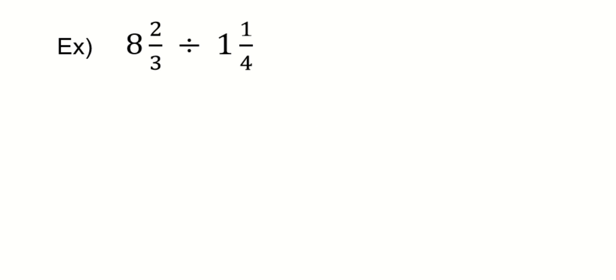Oh, of course. So again, just like we did before with mixed numbers, let's change them to non-mixed numbers, basically improper fractions. So do we remember how to change these to improper fractions?